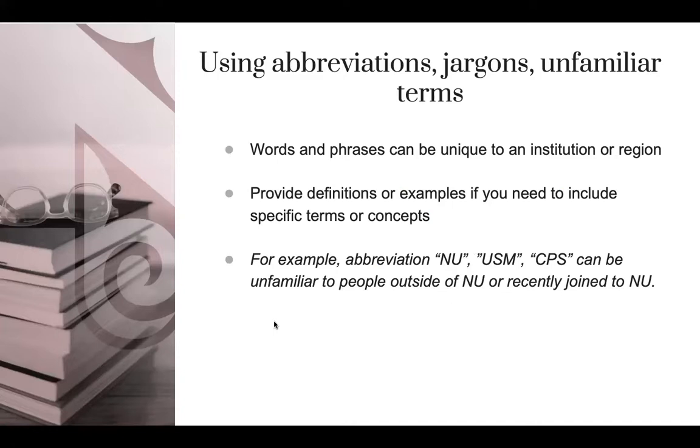Or if you must include such specific terms or concepts, please always provide a definition or an example. For example, if we're running a survey within NU, it's totally okay to use USM and CPS. I think most of the NU community might be familiar with it, but for people outside of NU or those who just recently joined NU, these terms can be tricky. So these are the things to also keep in mind.